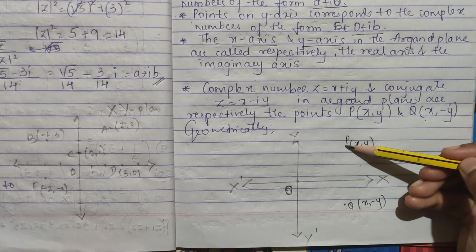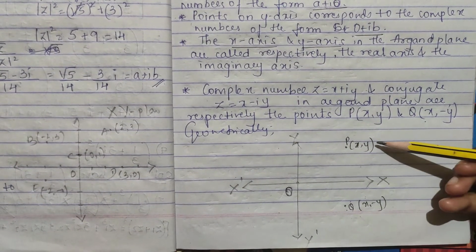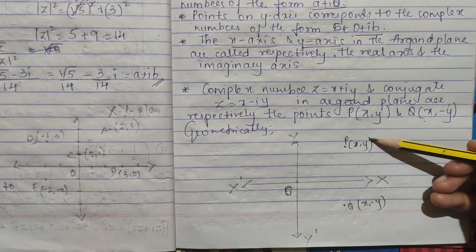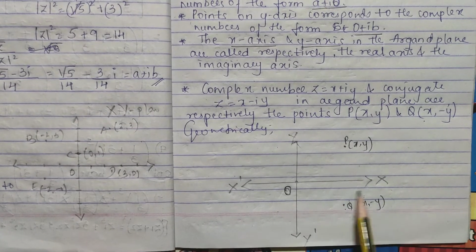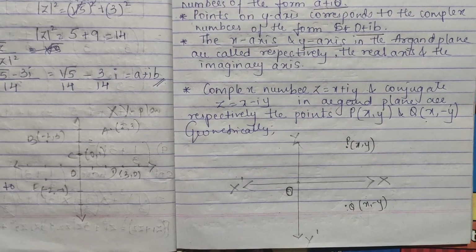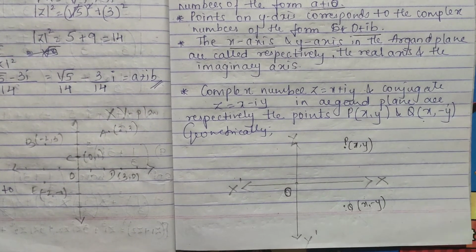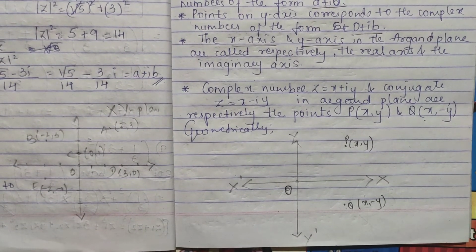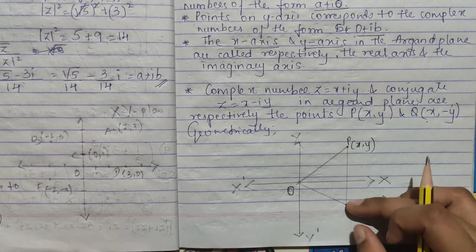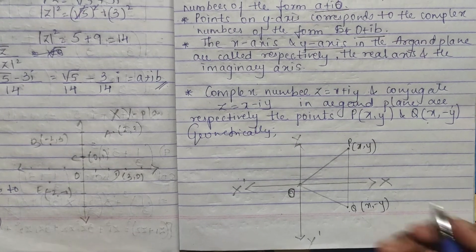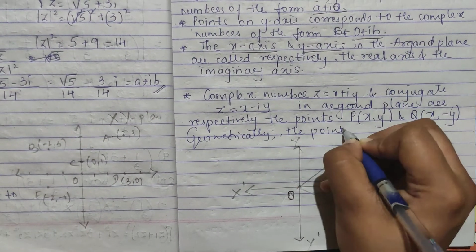You can see the point (x, minus y) is the mirror image of the point P (x, y) on the real axis, or vice versa. If I join the lines, you can see these are mirror images.